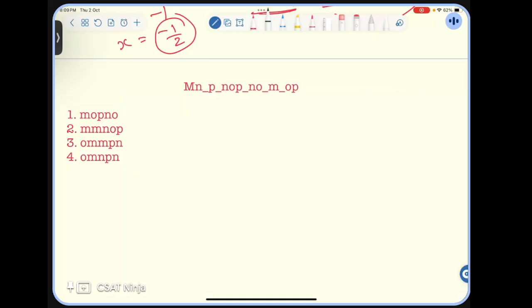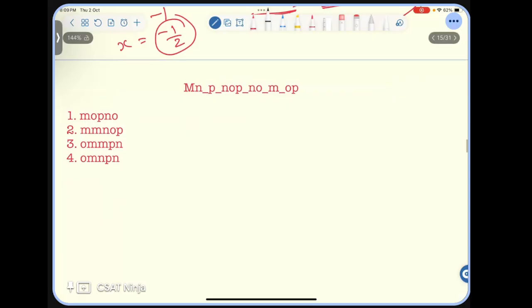There are three concepts here. The first concept is you count the terms: 1, 2, 3, 4, 5, 6, 7, 8, 9, 10, 11, 12, 13, 14, 15, and 16. When you count the terms, you will either get 12, 16, or 20.